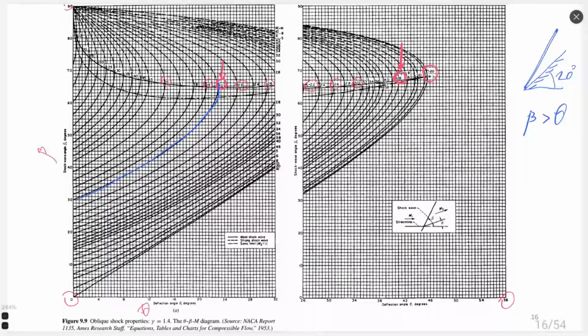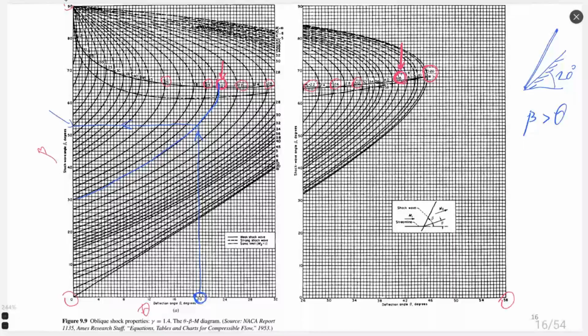So I have, for example, an angle of 20. I found where my 20 of theta is here below. I made a blue circle, and then I go up and see where it intersects with my Mach 2, right here at this point. After that I go left, and I see the angle.